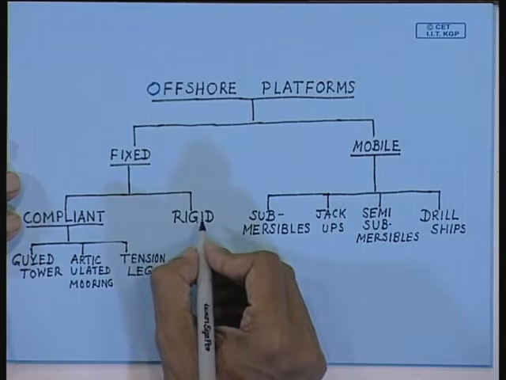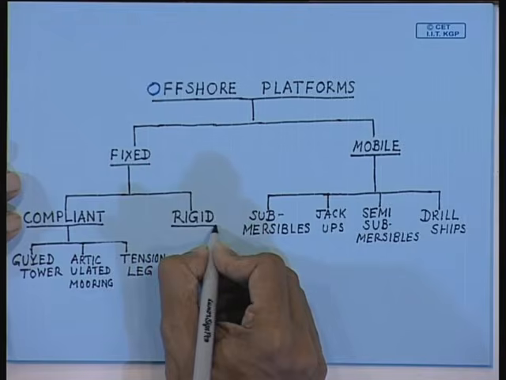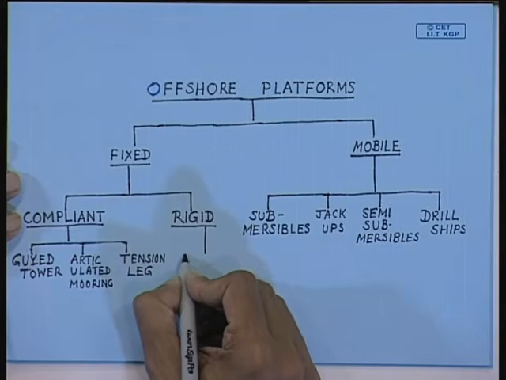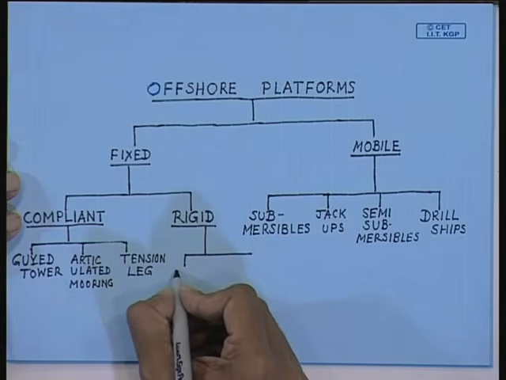Another rigid category, that means platforms not having any motion. So here you have two types. First one is concrete gravity.